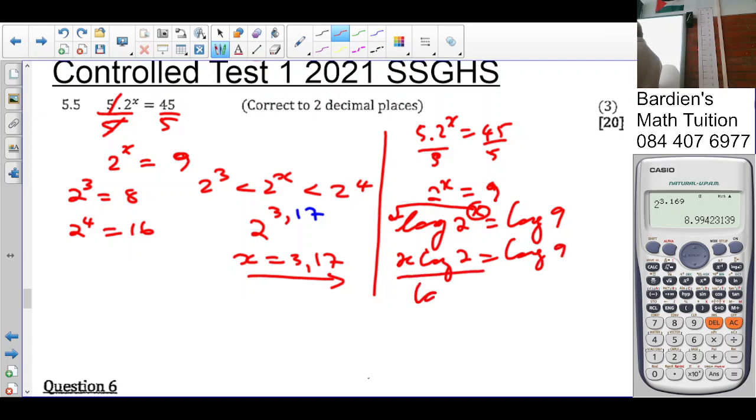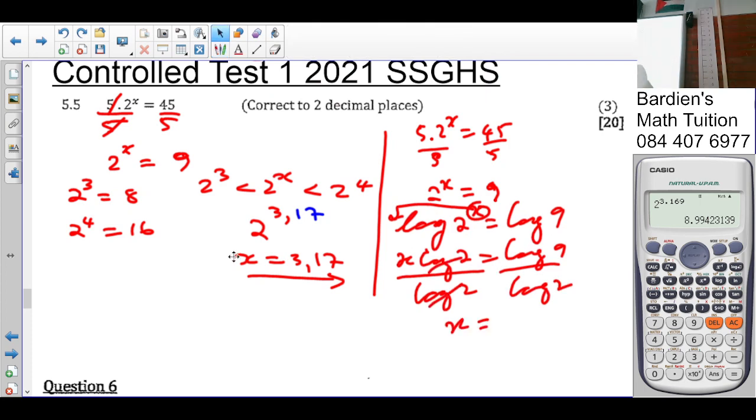Divide by log 2 both sides. That cancels. So x is equal to, we put it in the calculator, it's going to be log 9 over log 2. 3 comma 17. Okay. People, either way is acceptable. Okay. Either way is acceptable then.